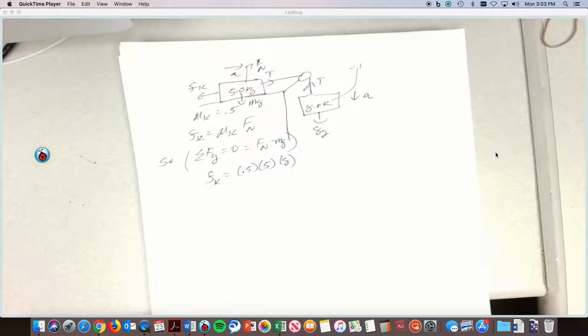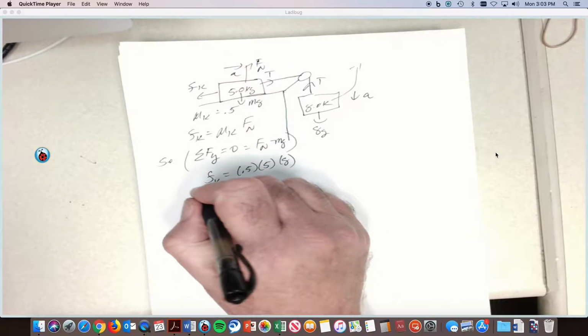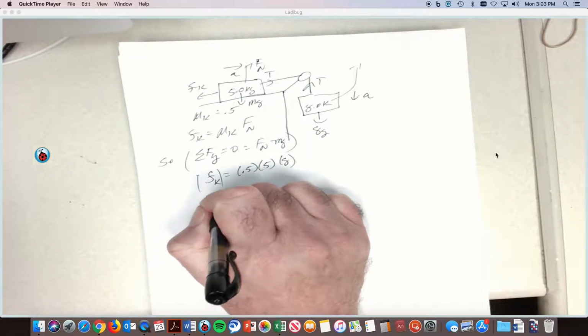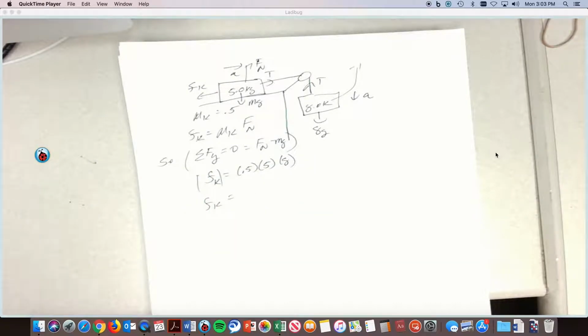Okay? So we've already calculated the frictional force, the kinetic frictional force, and it's going in the opposite direction. So let's just go ahead and put it in. This is the magnitude of it. So F of k is equal to 2.5 times 8, which would be 20 newtons.